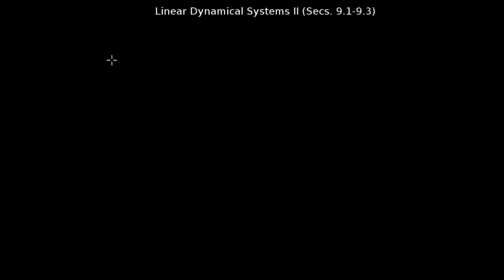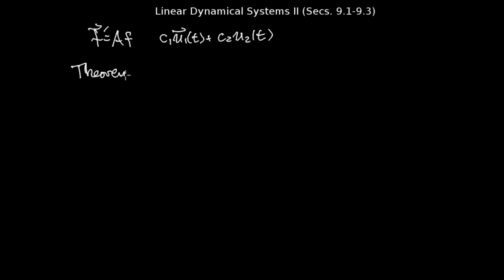Okay, here's another aspect of this which I alluded to last time. So we have this equation f prime is equal to A f, and the general solution is C1 u1(t) plus C2 u2(t). And the second key thing, closely related to what I just said before, is suppose I give you any point in the plane, x naught, y naught.